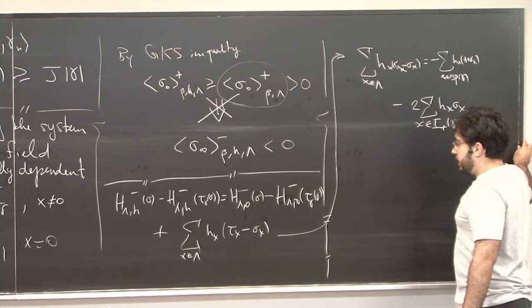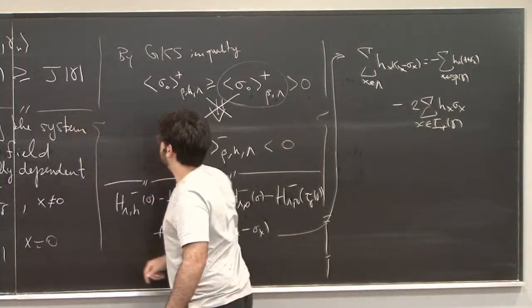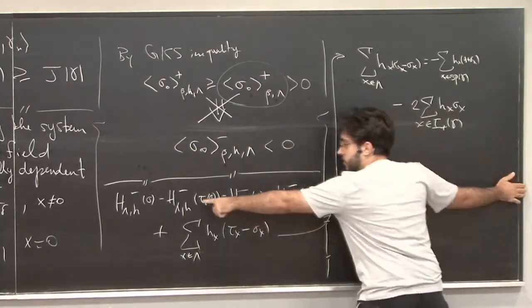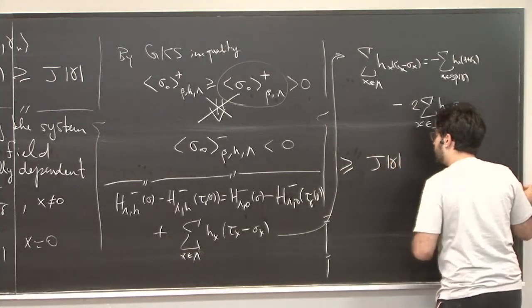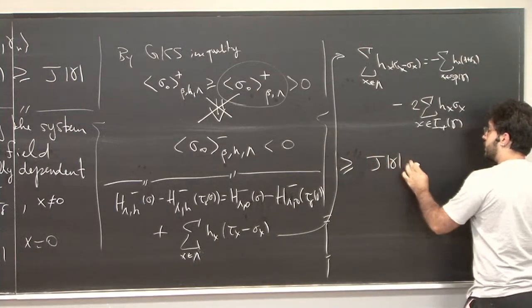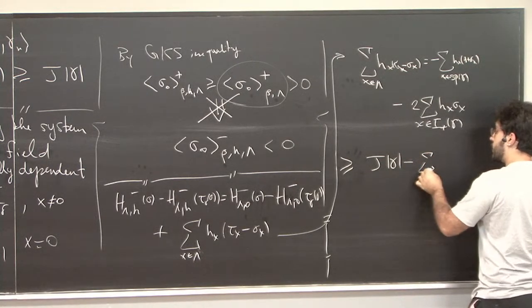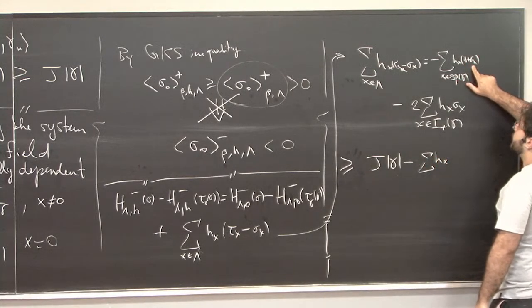Since we know this quantity already is larger than this, what we get is that this whole thing over here is larger than J gamma minus the sum of the field. Since sigma can be plus or minus 1, I can bound this.